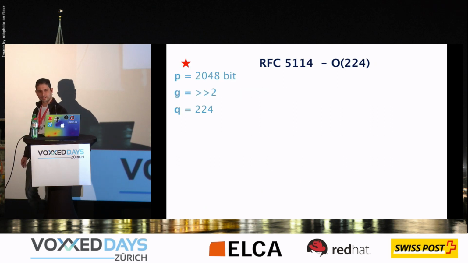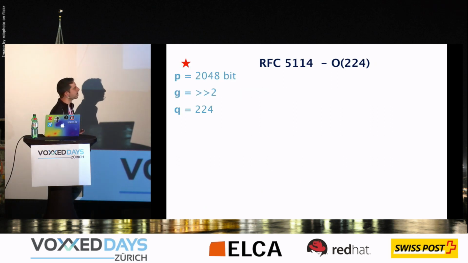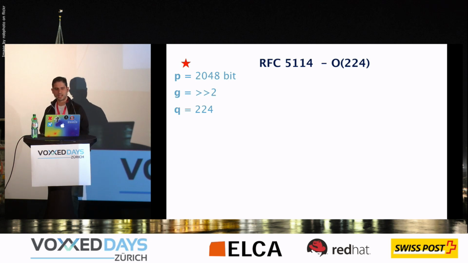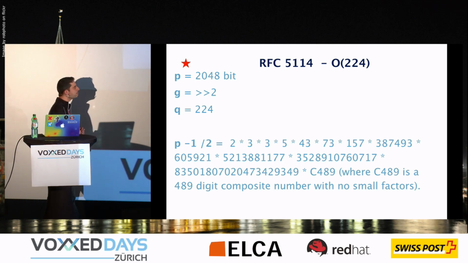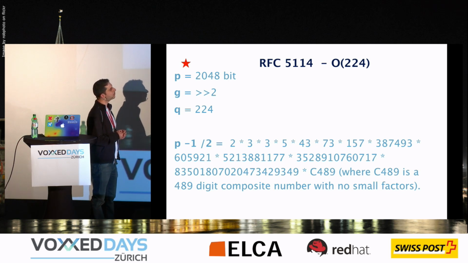Well, it turns out that I was looking at these kinds of specifications when I hit RFC 5114. And yeah, it looked weird to me. I was looking at these prime numbers, and when I calculated (p minus 1) divided by 2, it was factored like this: 2, 3, 5, 4, 3.